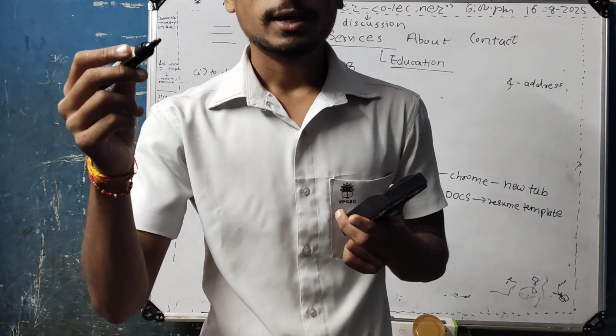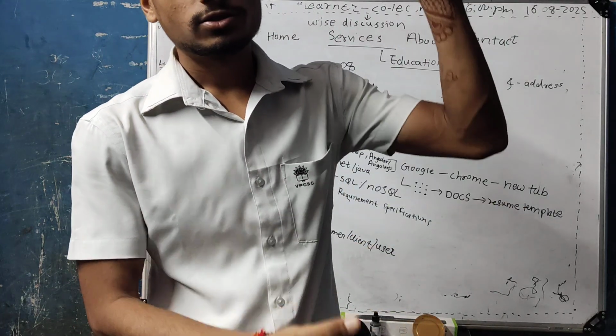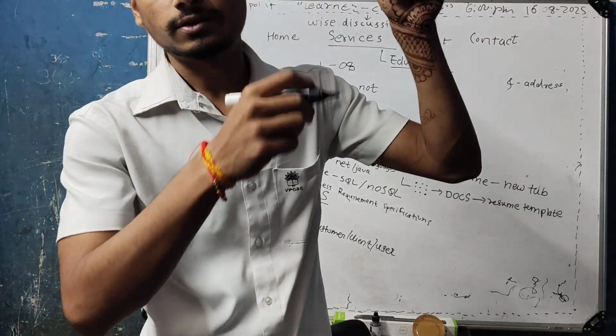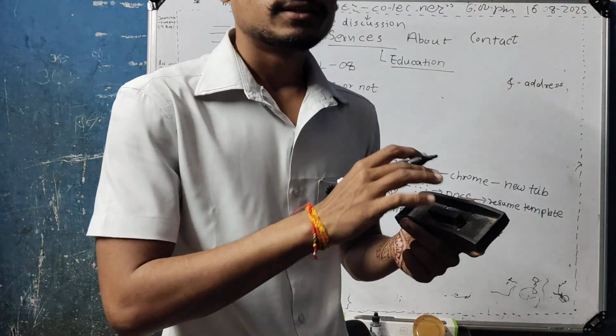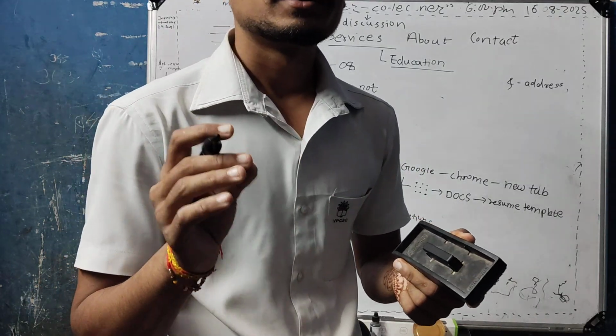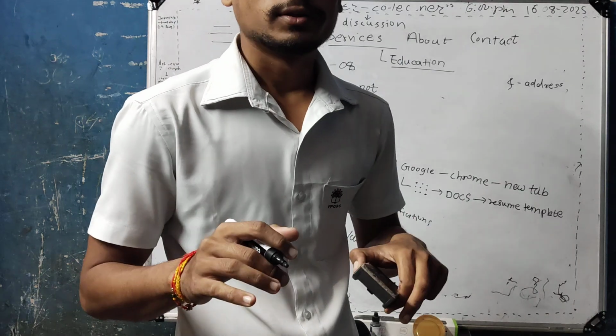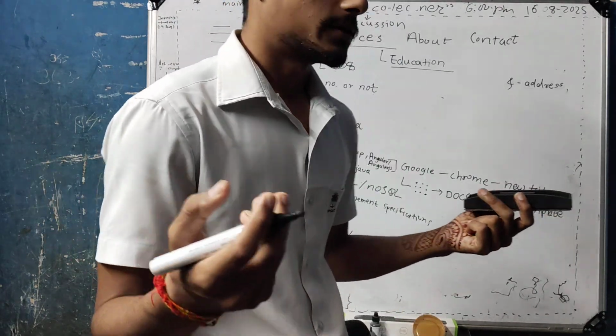The system analyst will analyze all the specifications, the list of specifications, and then he will rewrite that document in a well formatted way so that developers can understand easily and work on it.